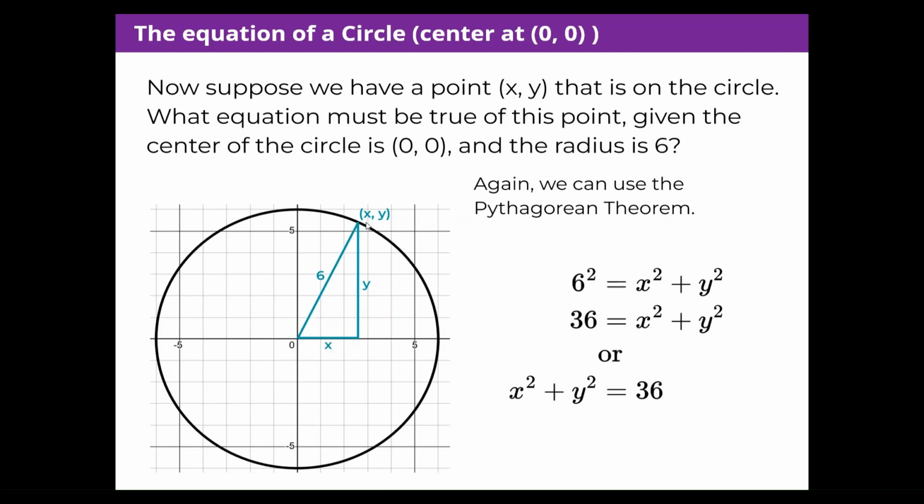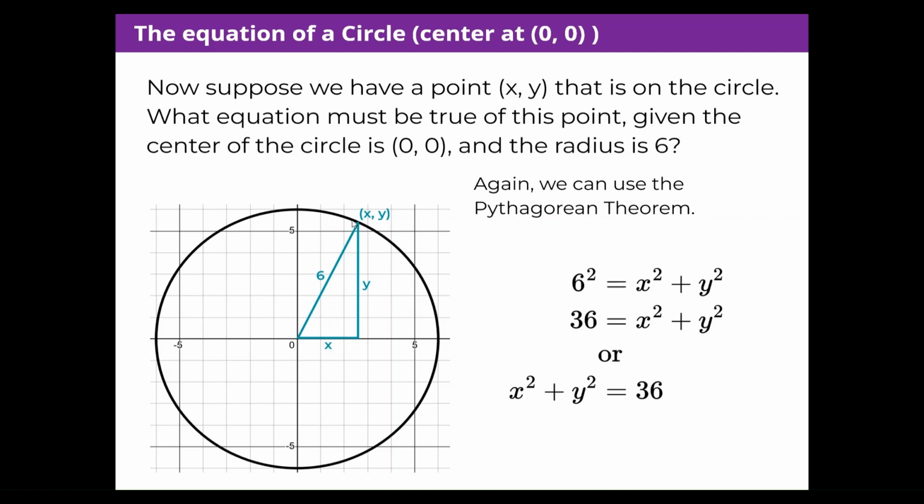Because its x-coordinate is x, and its y-coordinate is y, when I roll out the Pythagorean theorem on this triangle, I get 6 squared, that's the hypotenuse squared, is x squared plus y squared. 6 times 6 is 36. So we get this equation, x squared plus y squared equals 36.